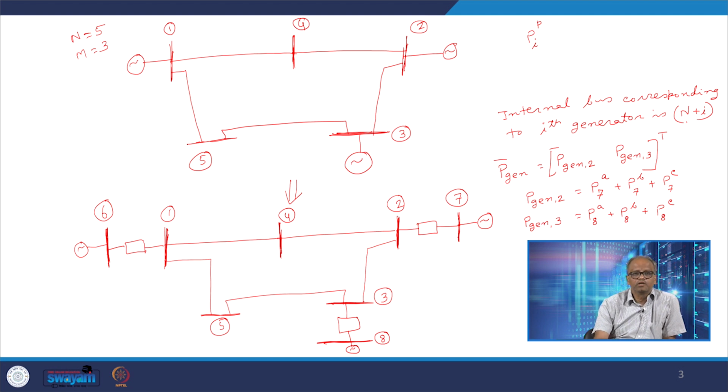Y72 ABC would be non-zero, Y77 ABC would be non-zero, and Y22 ABC would be non-zero. Other than these three, they will not exist because they will all go to 0.